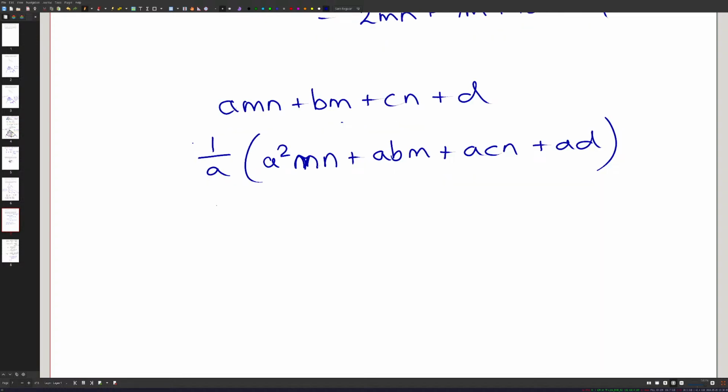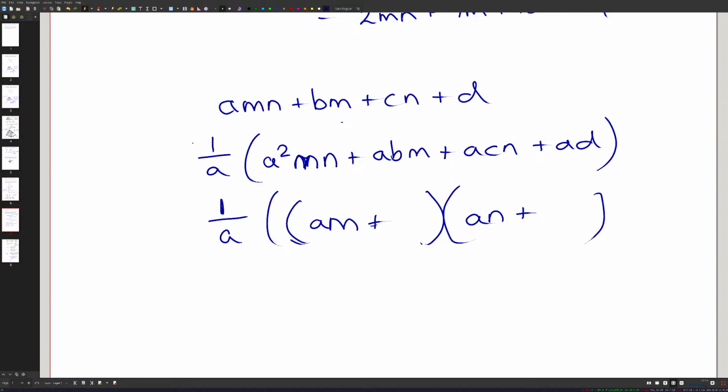And so this is now 1 over A times (AM plus something)(AN plus something), and then we want to work out what the somethings are. To get the correct thing for the N on its own, we need a C over here, and we need a B over here to get the M to work out correctly. But now we've got plus BC over here and we want AD, so this is plus AD minus BC.